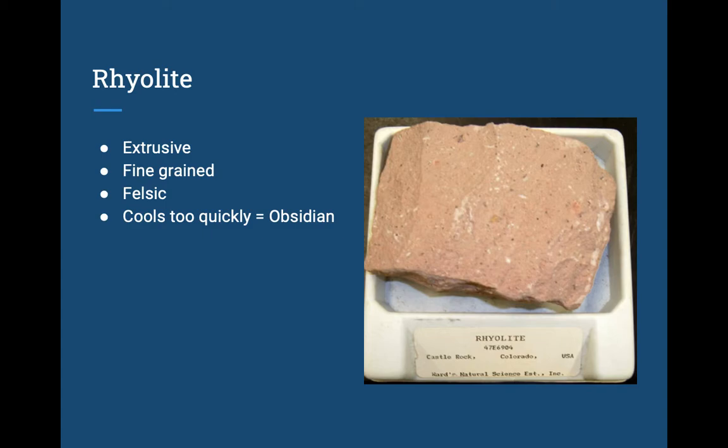And what's cool about this is that this is found in the same place where we find granite. Like here in California, we find rhyolite, and it's the idea that if this magma got stuck inside the earth and it cools, it's going to make granite. But if the same material works its way up to the surface, comes out of a volcano, cools quickly up here on the surface, it's going to produce rhyolite.